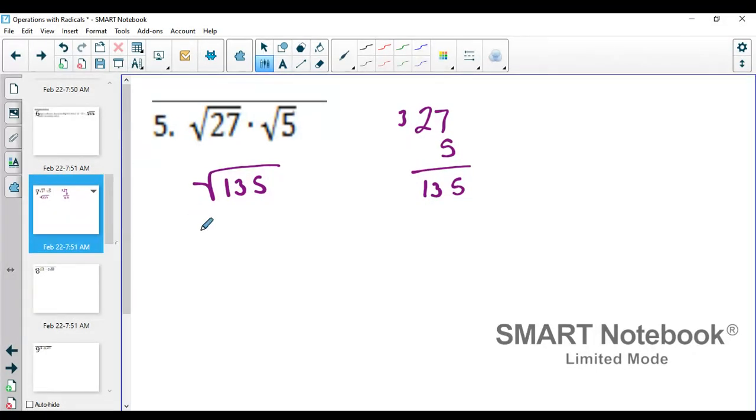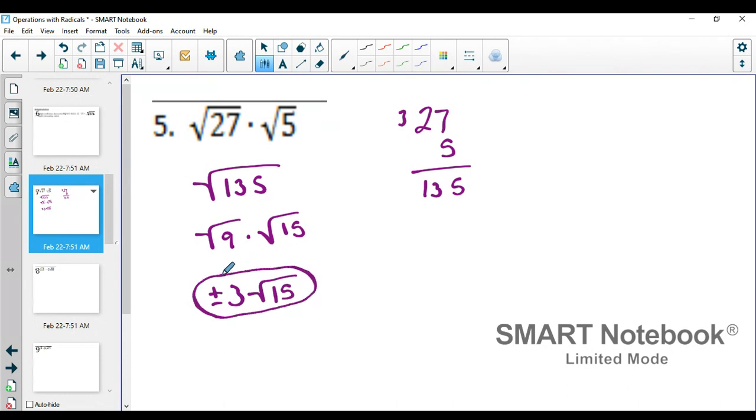All right, and the largest is 9. So this is going to be the square root of 9 times the square root of 15. So then the square root of 9 is 3. And then this one we are going to put the plus or minus in front of. And so it's plus or minus 3 square root of 15.